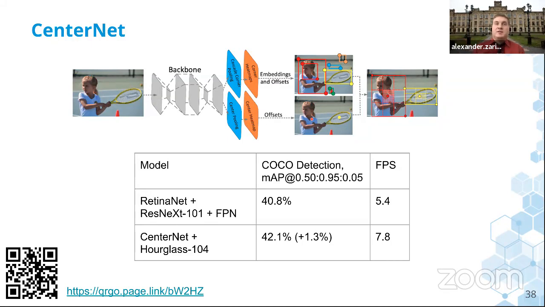And we cannot use these anchor-free approaches for our commercial applications because they require deep features that can be obtained only from high-computation deep neural networks like Hourglass 104. So generally, you can try to play with these anchor-free approaches, but it is definitely not the best way to create commercial applications.